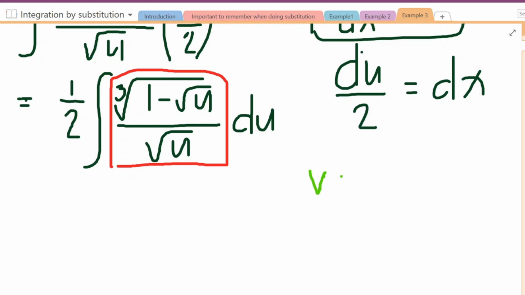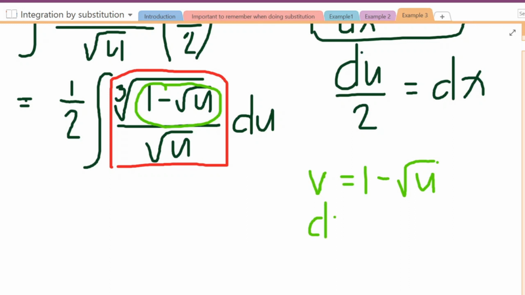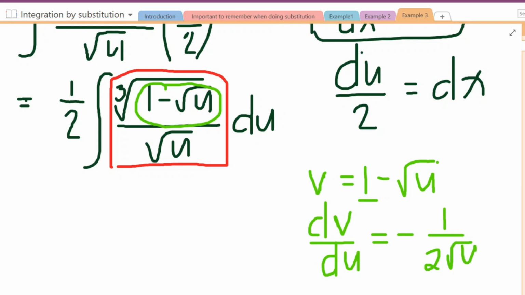I will choose this part here, 1 minus square root of u, and differentiating this one, derivative of that variable with respect to u, so we write dv over du is equal to, the derivative of 1 is again 0, so that's negative, and then the derivative of square root of u is, from our previous presentation again, 1 over 2 square root of u.